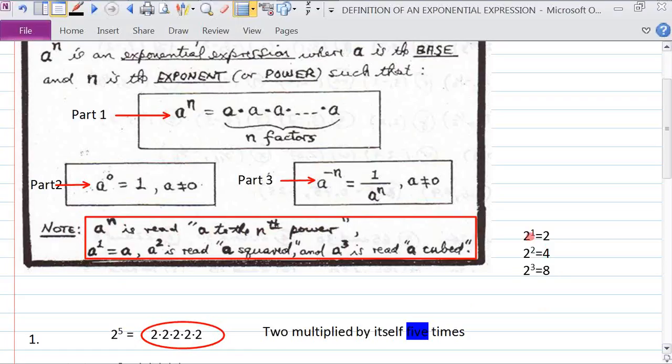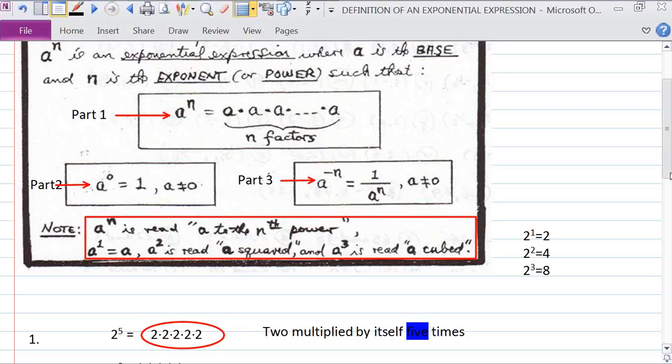Here I have 2 to the power of 1, here 2 to the power of 2, and here 2 to the power of 3. Sometimes I say this is 2 squared and this is 2 cubed. When the power is 2, we use the word squared, and when we have the power 3, we use the word cubed. I could have a to the power of 1, a squared, and a cubed.